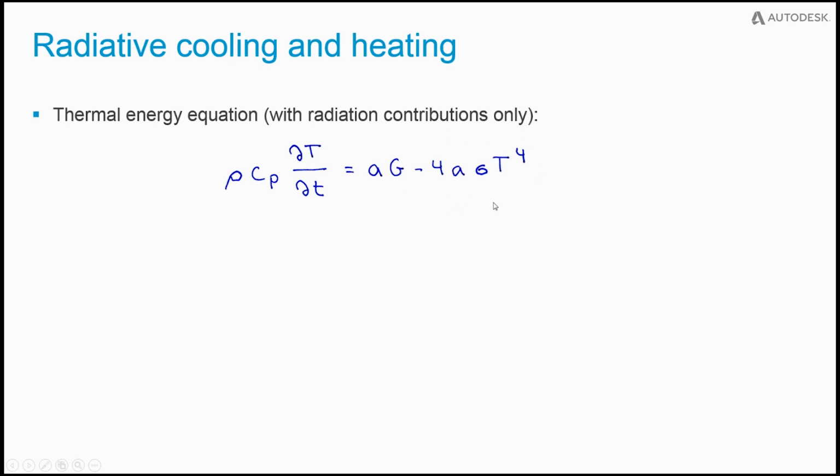You need to solve an ordinary differential equation, which you can do analytically. Basically, here, A is the absorption coefficient, sigma is the Stefan-Boltzmann constant, and then we have T to the power of 4, and because T is over here as well, it's an ordinary differential equation. Now, if we want to take into account radiative heating as well, this second term is required, which is the absorption coefficient times G, where G is the incident radiation.